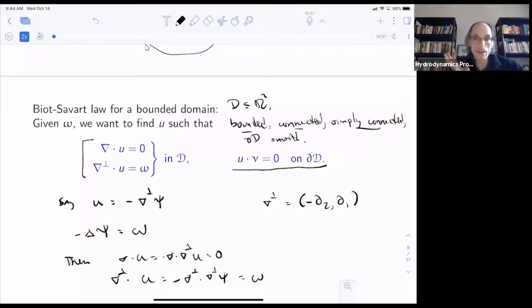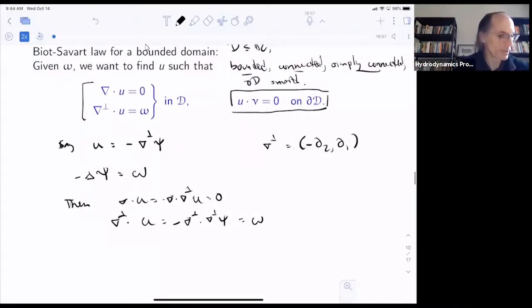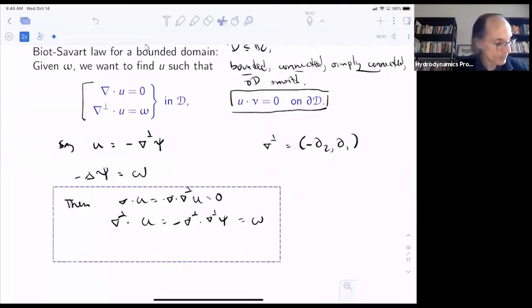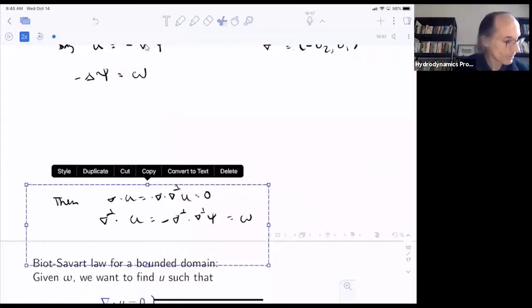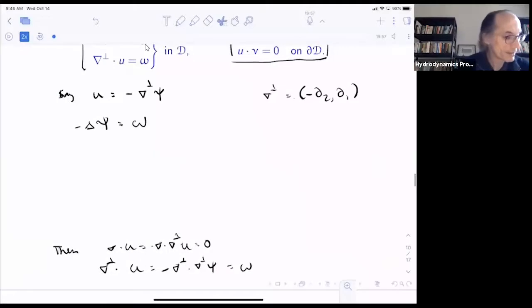But in order to get the boundary condition to hold, let's say that, I also need boundary conditions for psi.